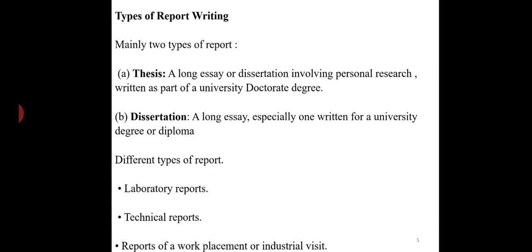Now let's see one by one. What is a laboratory report? Laboratory report means lab reports are written to describe and analyze a laboratory experiment that explores a scientific concept.